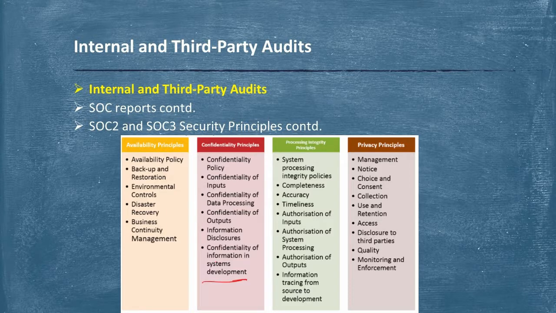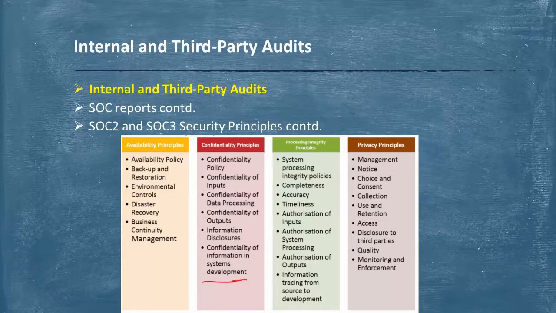With respect to integrity, what is the policy, whether it is complete, accurate, timely, whether authorization is happening properly, authorization of system processing, information tracing right from the source to the development. And similarly, the privacy principles that the auditor would look at.